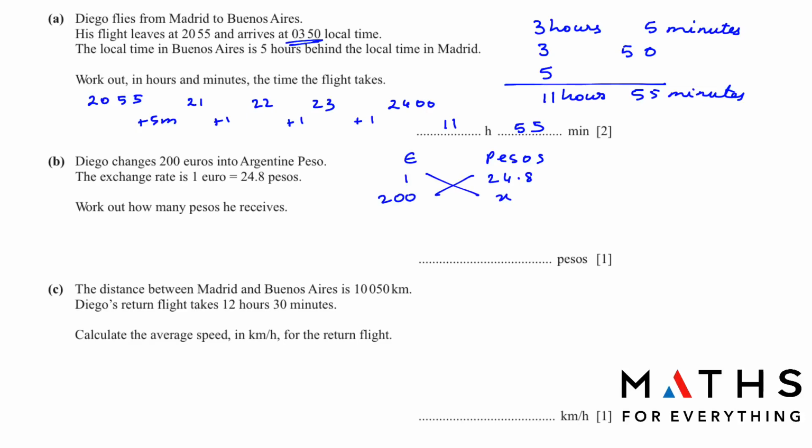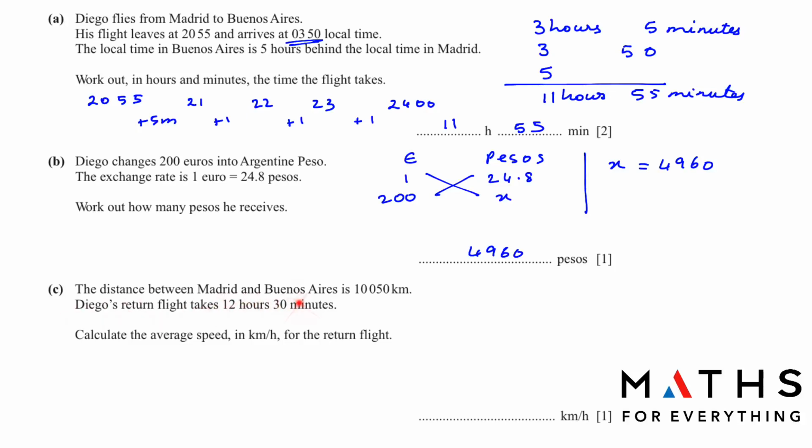We cross multiply. 1 multiplied by x is going to be x, and 24.8 multiplied by 200 will give us 4,960. So that's the number of pesos he's going to get.